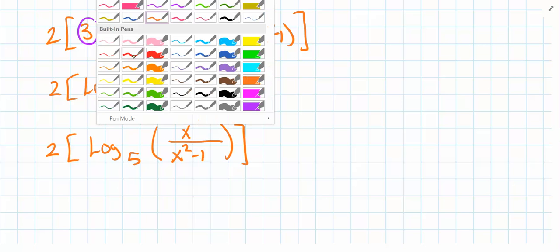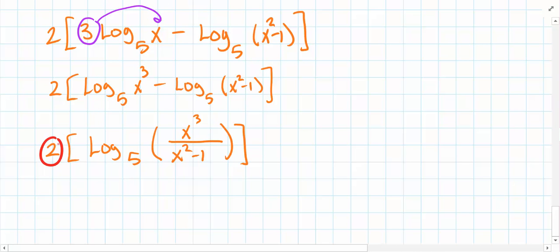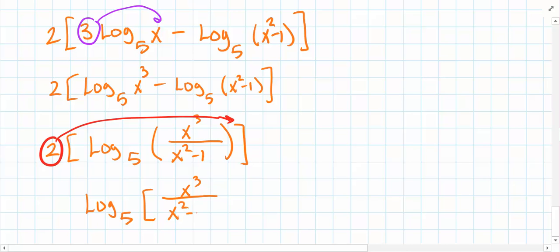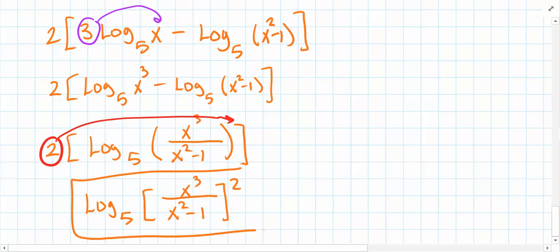I'll just cross out the 3 there. So I can rewrite that as log base 5 of x to the third over x squared minus 1, all quantity squared. And look, there's the whole problem from start to finish.